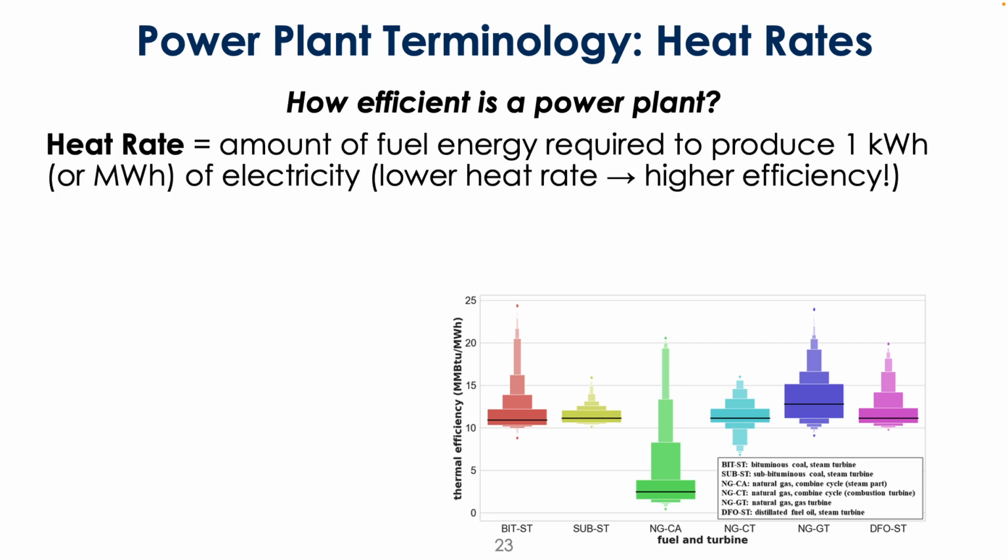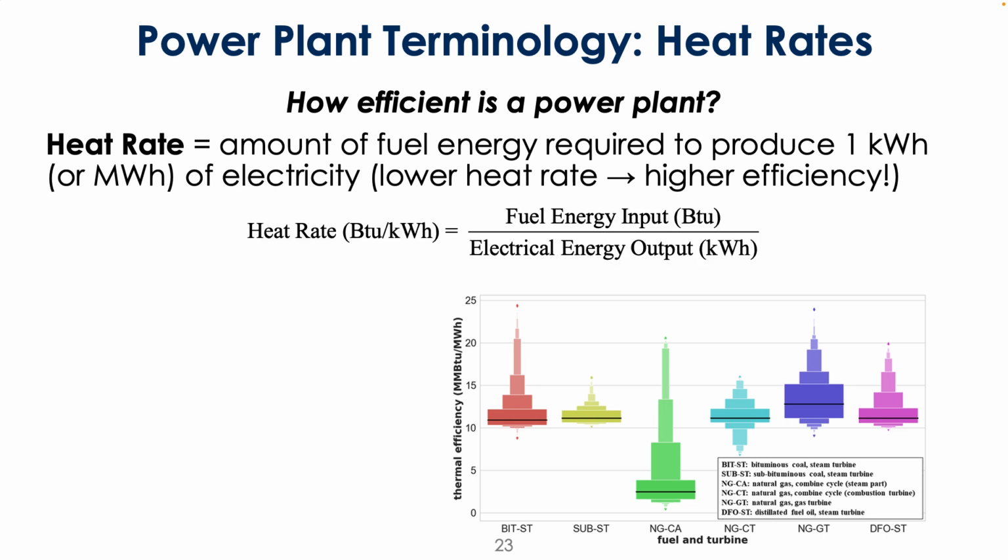And so a heat rate is exactly a description of the MMBTUs or the BTUs per kilowatt hour. This is what we put in, and this is what we get out.